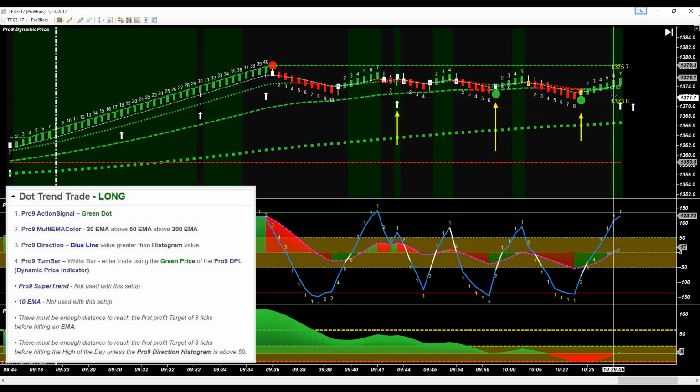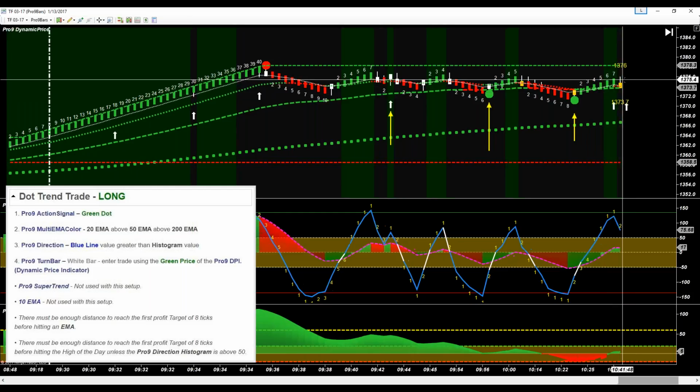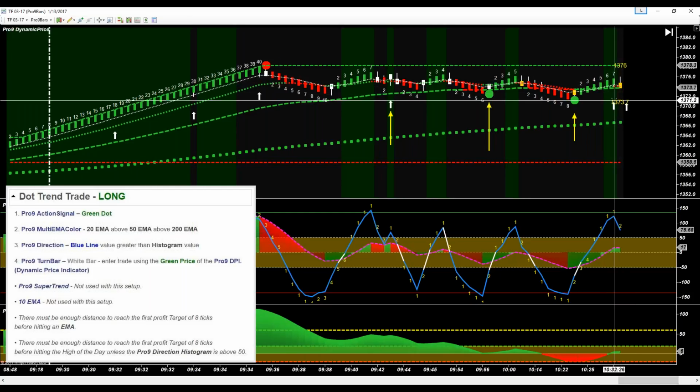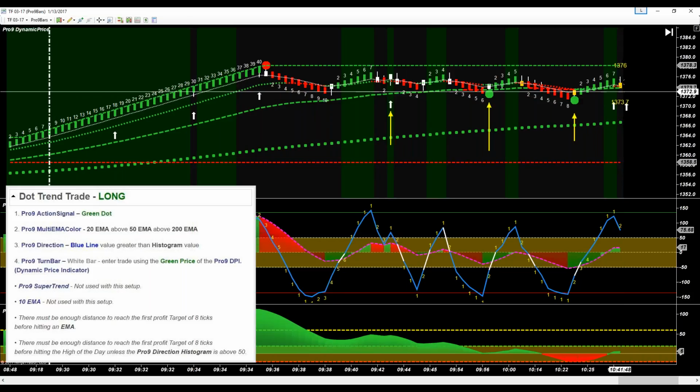So I'm actually going to wait because I feel this isn't necessarily a choppy market, but it's not displaying strong trends that lead me to believe that this momentum trade is going to take off. And so it looks like the correct assessment was made.